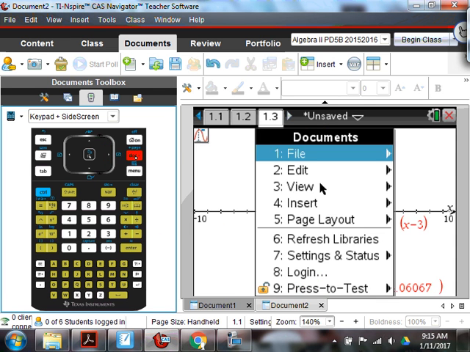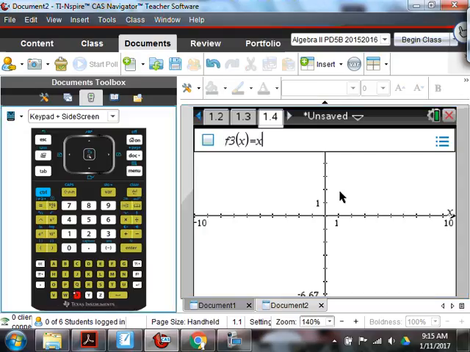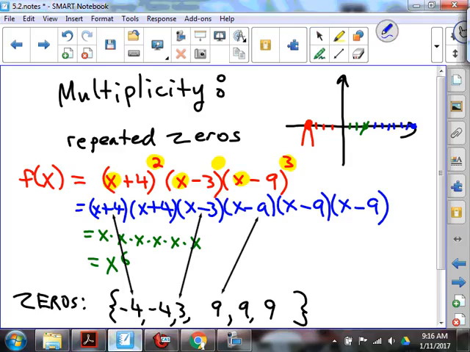On a new graphs page, a cubic function looks like that. So the graph should do something like that there.